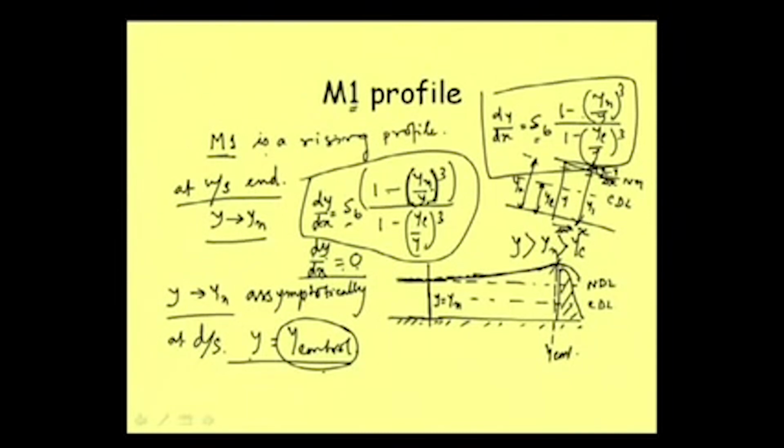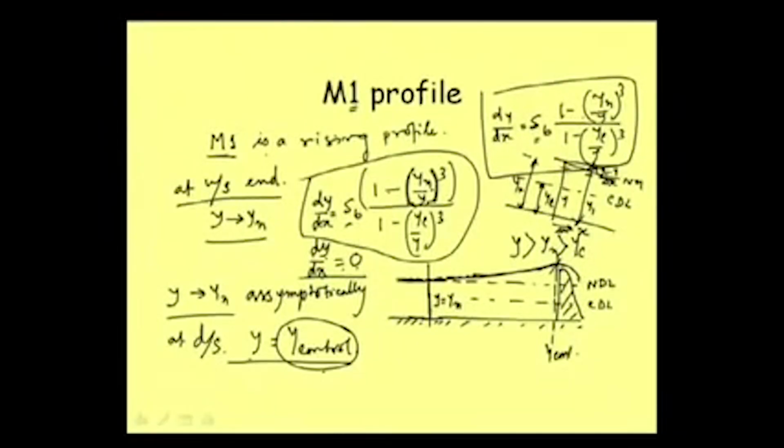Well, but this dy/dx equal to 0 can give us a feeling that the profile is becoming horizontal, because dy/dx represents the slope. But that is not correct, because here our y, that is depth, we are measuring with respect to the channel bottom, not with respect to a horizontal datum.